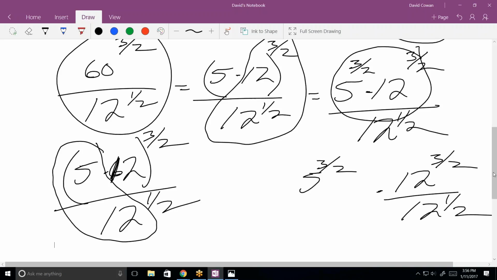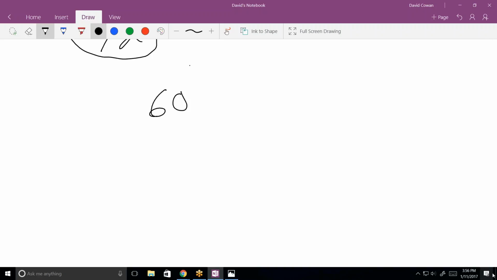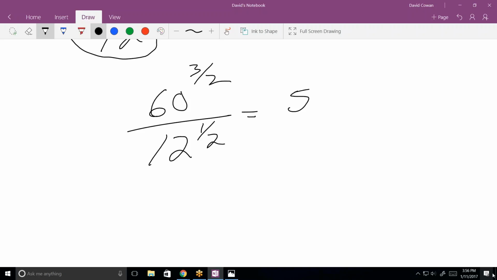All right, I don't want to leave this problem because I've really screwed up on it. Let's do it from the beginning. 60 to the 3 halves divided by 12 to the 1 half. Okay, I can split that into 5 to the 3 halves times 12 to the 3 halves, correct?